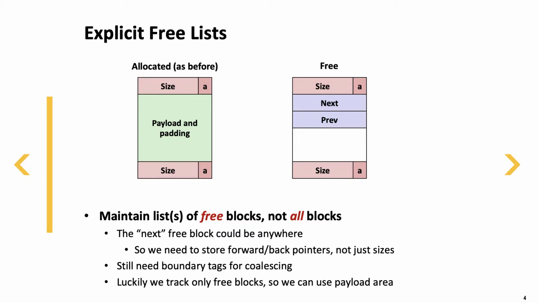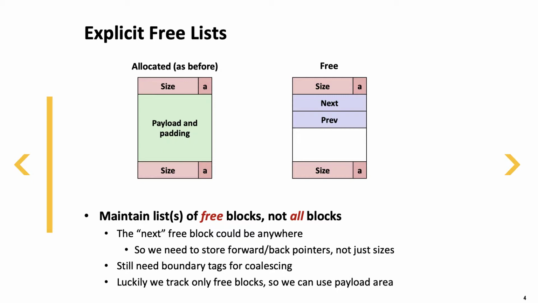The next free block will be pointed to by that next pointer inside the free block, and the previous free block will be pointed to by that previous pointer within the free block. So we have to be careful about what we're talking about when we talk about next and previous blocks, because when we deal with explicit free lists, again, the next free block could be anywhere in memory.